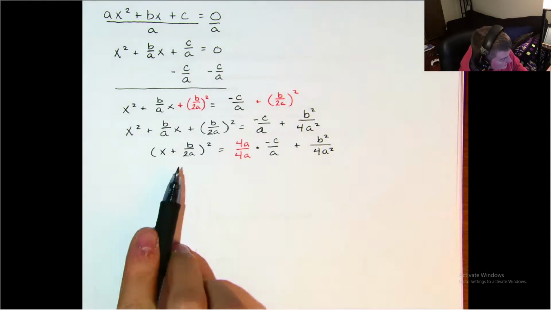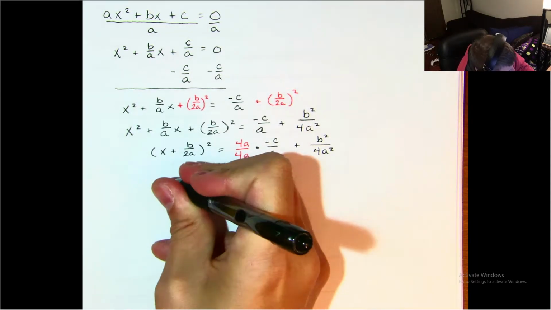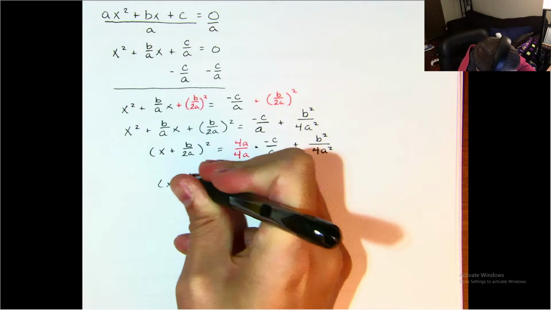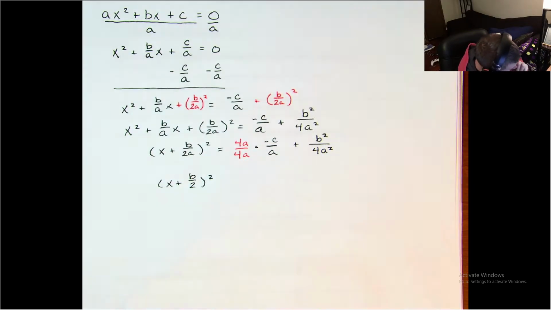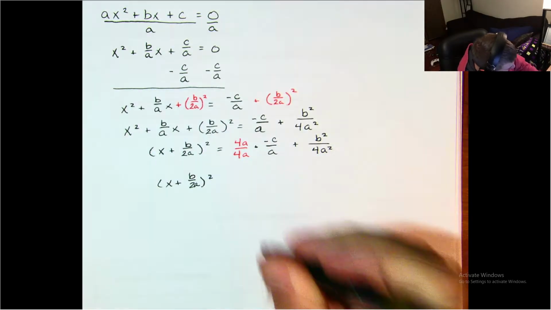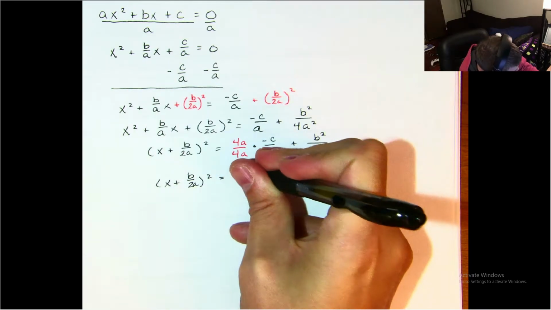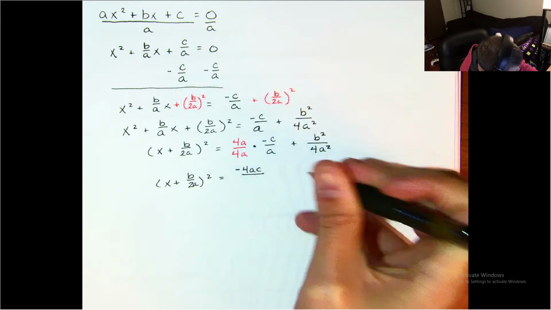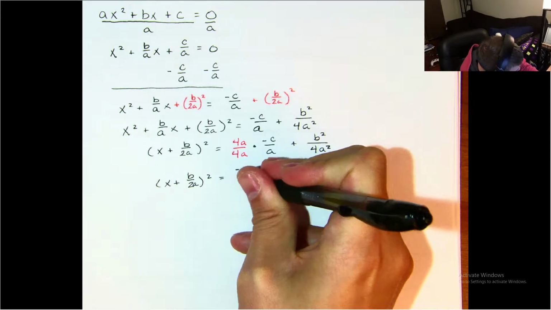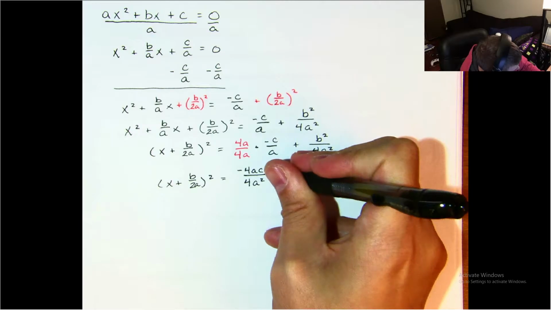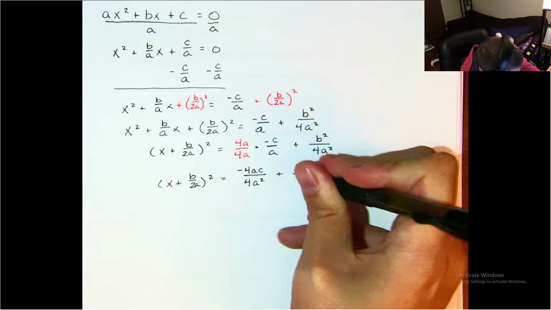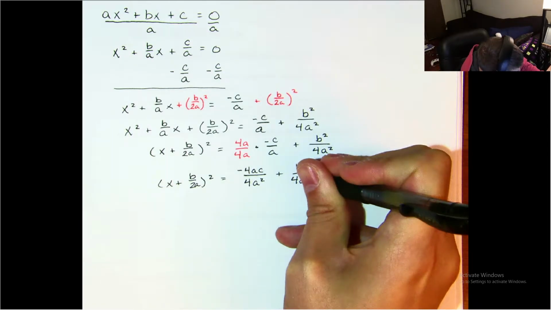Okay, so this just is going to stay the way it is. Well, this would be minus 4ac over 4a squared plus b squared over 4a squared.